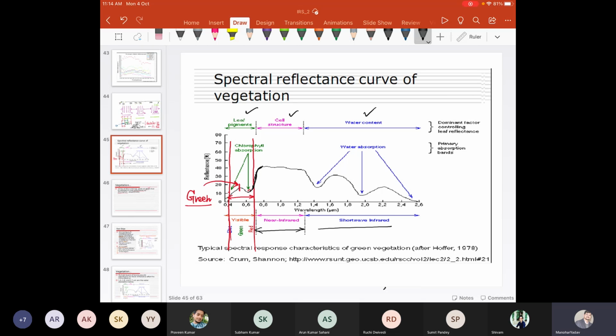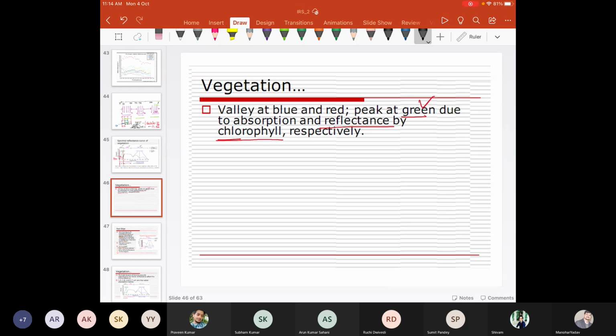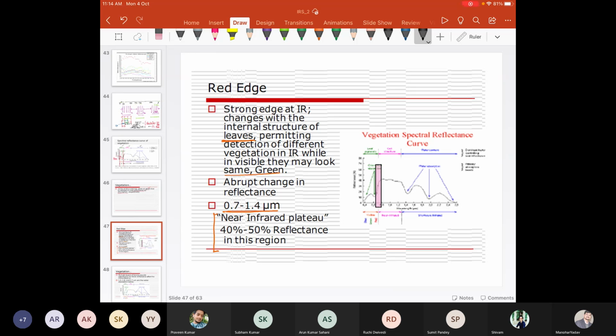When you analyze the reflectance versus wavelength curve within the short infrared band, you can notice three valleys, and they are due to the water absorption band. I told you, you need to remember those wavelengths where the water absorbs the energy. So at the red edge, you can see there is an abrupt change in the reflectance when you move from red to infrared.